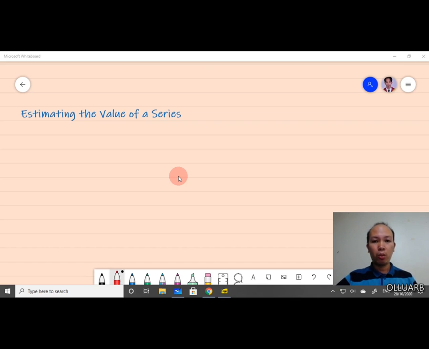When we talk about power series, that's probably how you are going to get the value of a given series. But for now, we will use some apps and assume that the value of a series is obtained through using that.